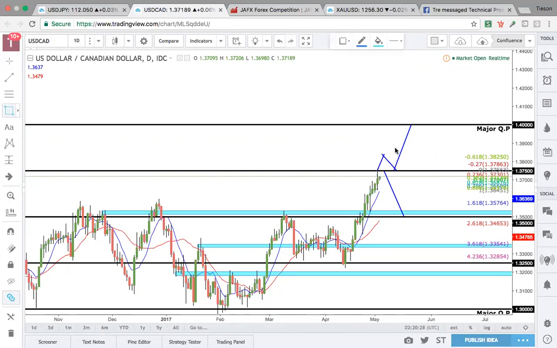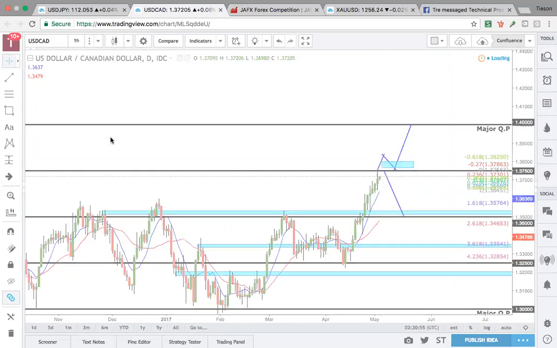So I would not be surprised if I saw some type of reversal pattern, whether it's a doji, an evening star, a bearish engulfing, things like that, that you can do research and study as well. But I would not be surprised to see a reversal off this strong fib level and then see it continue down.